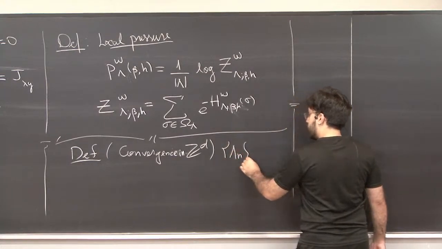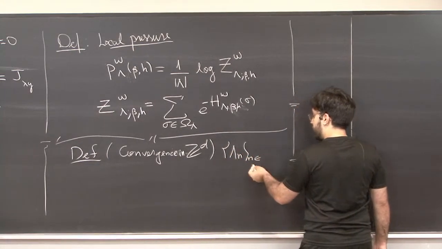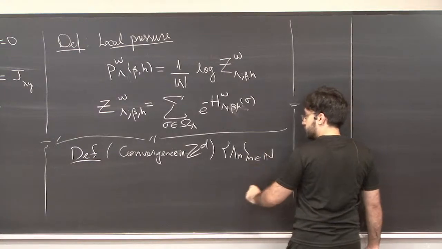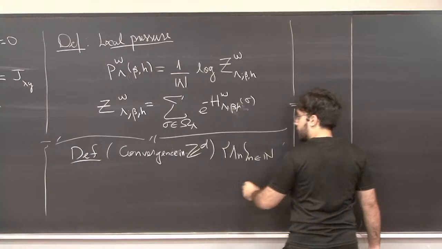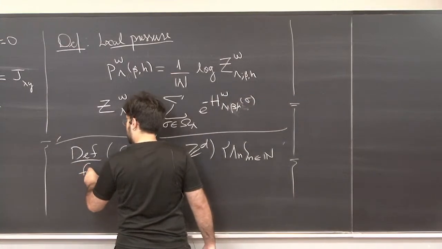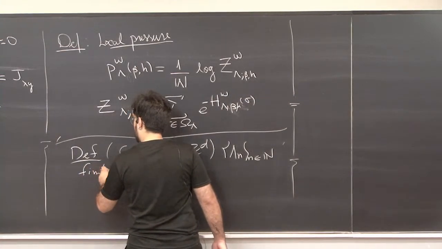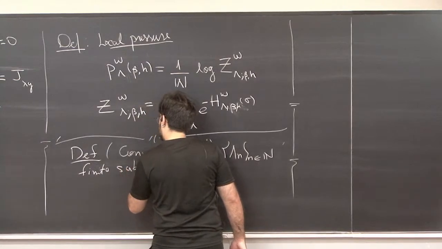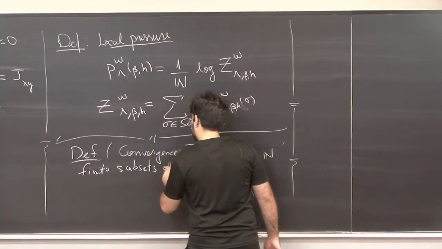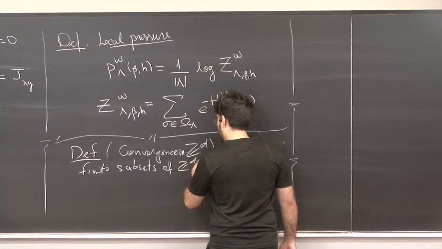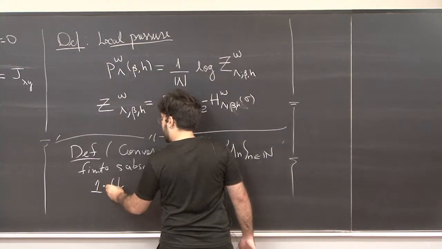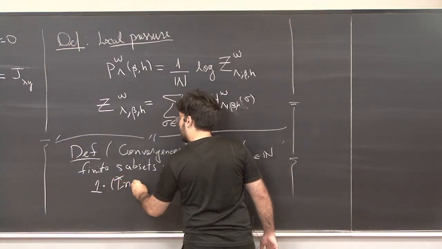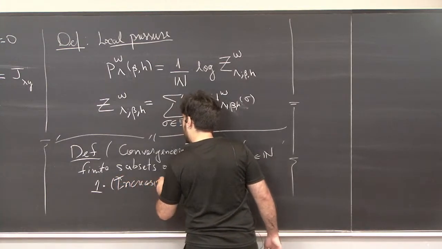You consider a family of finite subsets of Z^d such that, one, they must be increasing.